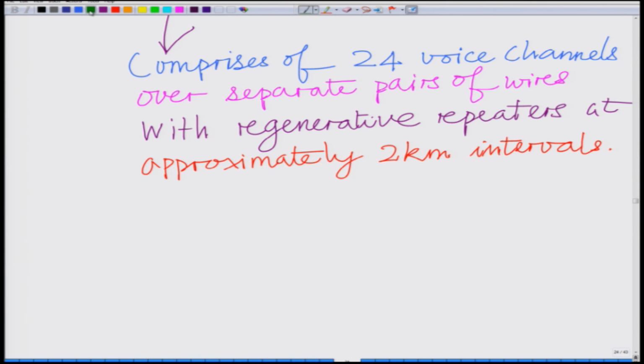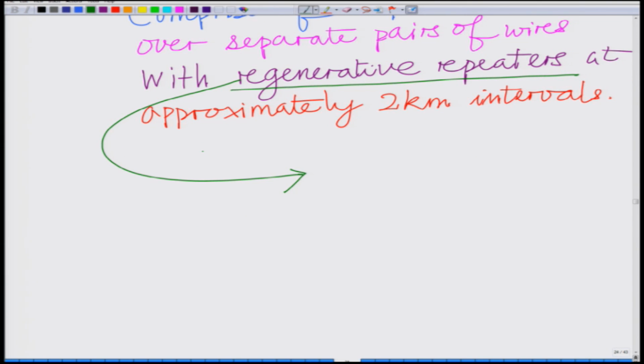And why do we need these regenerative repeaters? We need the regenerative repeaters to repeat the signal because signal strength decreases with distance.